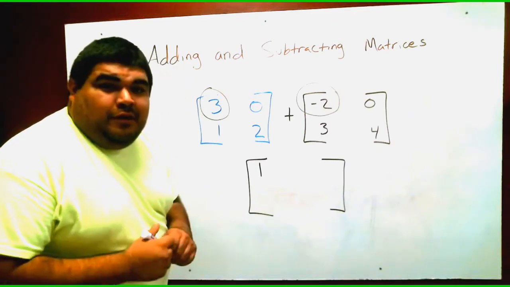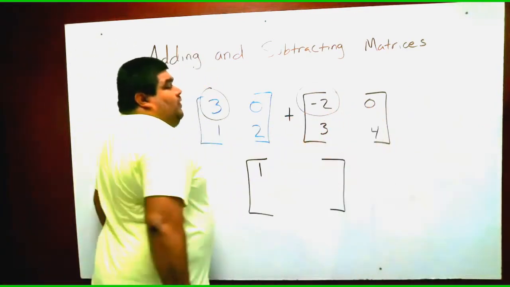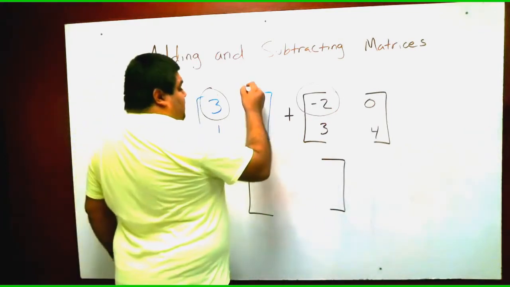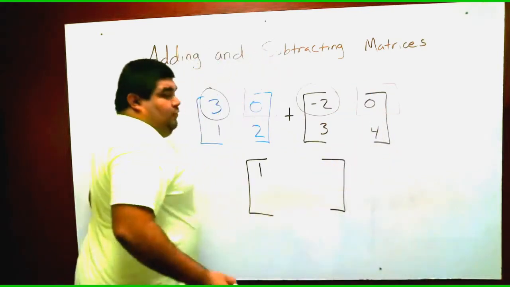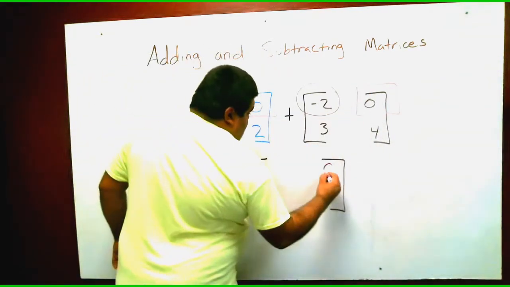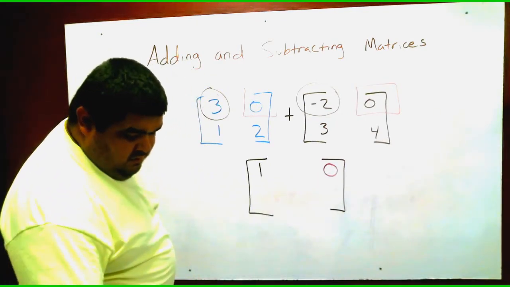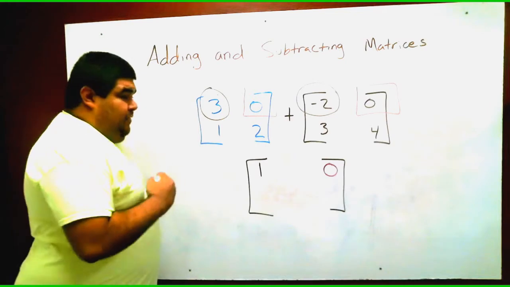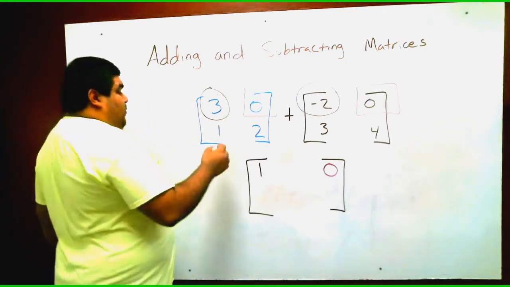Let's use another color. Now we have 0 plus 0. Notice that this time it's in the upper right corner. So our answer has to be in the upper right corner. So 0 plus 0 is 0. Again, now we're going to use the next one, the lower left corner.